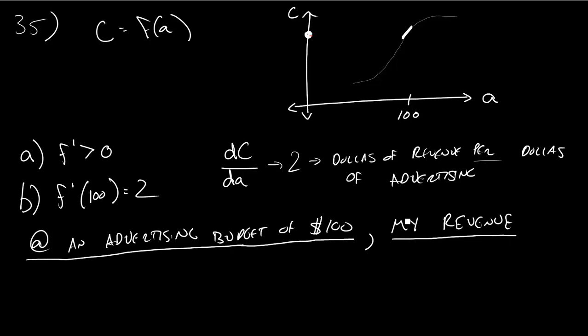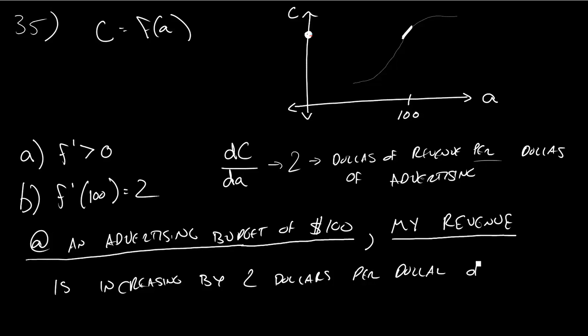And now we want to say what it's doing. And this 2 tells us what the revenue is doing. It tells us my revenue is increasing by $2 per dollar of advertising, right? And this is part 3.